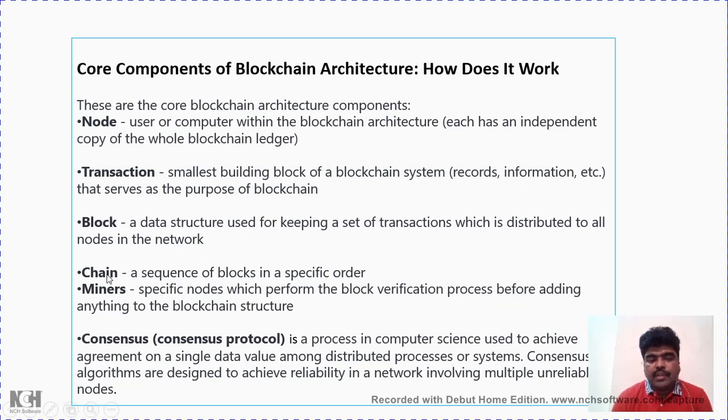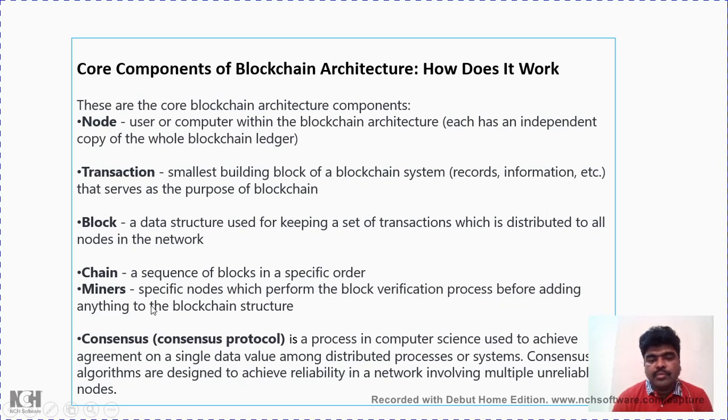And a chain is a sequence of blocks in a specific order. It's simply a linkage of each block to one another in chronological order until it reaches the receiver. Next, miners. This particular node can be a miner.